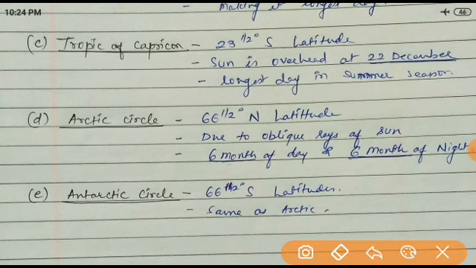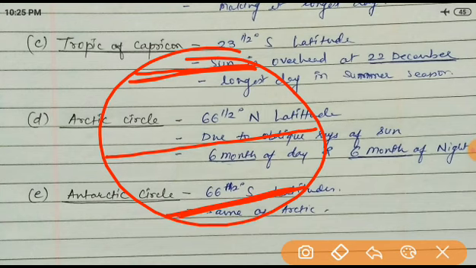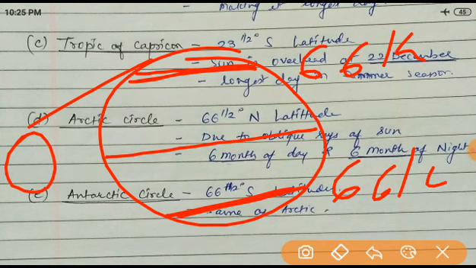The next two important lines are the Arctic Circle and the Antarctic Circle. These both are also similar. Now see how. This is the earth. In the center there is the equator, on this part it is called the Arctic Circle, and here it is the Antarctic Circle. These both are at 66 and a half degrees. Why? Because the sunlight is very slanting, and even the sunlight cannot reach that part.